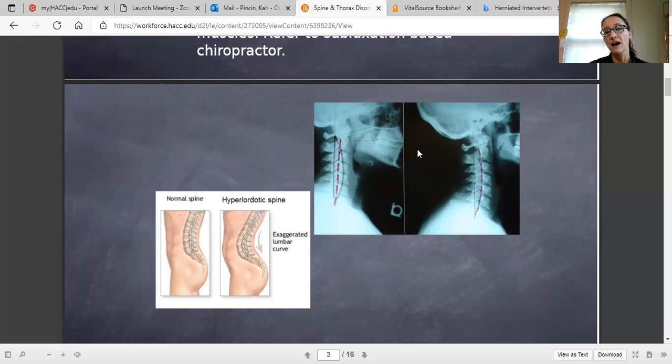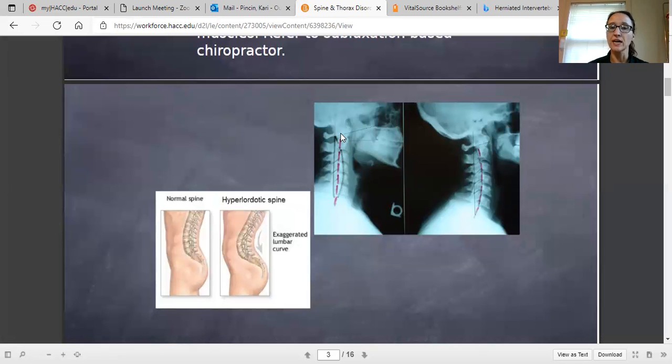So you can also have a hyper or hypolordotic curve in your cervical spine. And here's a picture of that. You see in a normal lordotic cervical spine, you have a nice little curve, right? Just like that. That's supposed to be there. In a hypolordotic cervical spine, you don't have a curve at all.